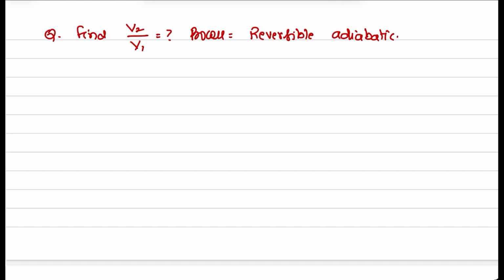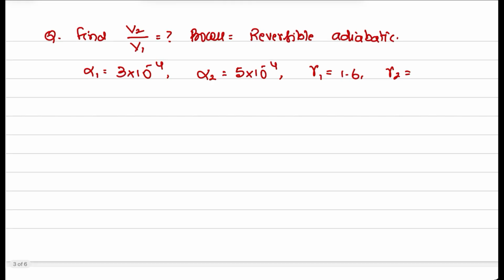The value of alpha 1 is equal to 3 into 10 to the power of minus 4. Alpha 2 is equal to 5 into 10 to the power of minus 4. Gamma 1 is equal to 1.6. Gamma 2 is equal to 1.3.